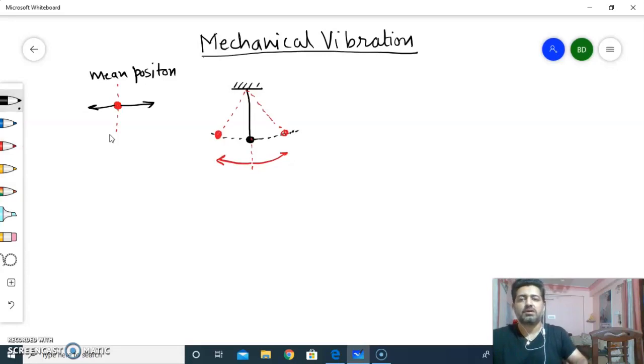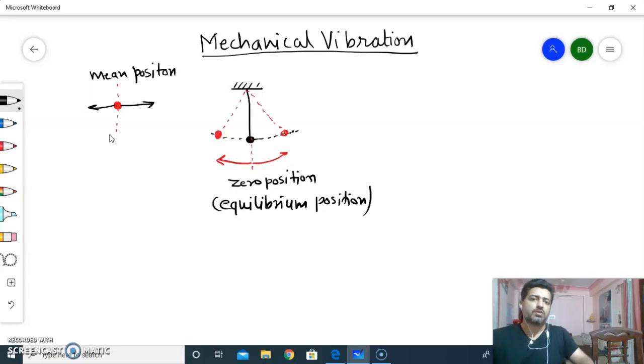It is also called vibration. So this is the zero position, or equilibrium position. So it is called vibration.